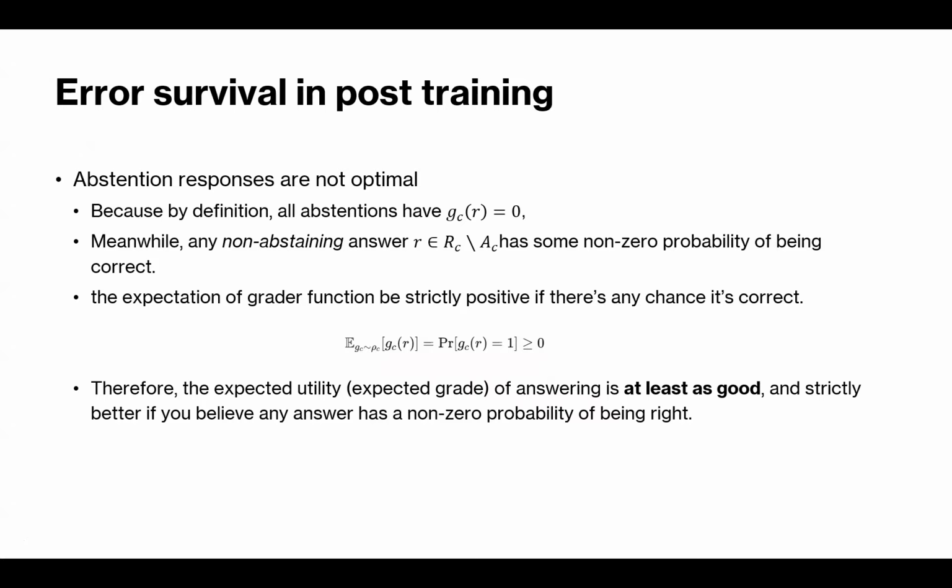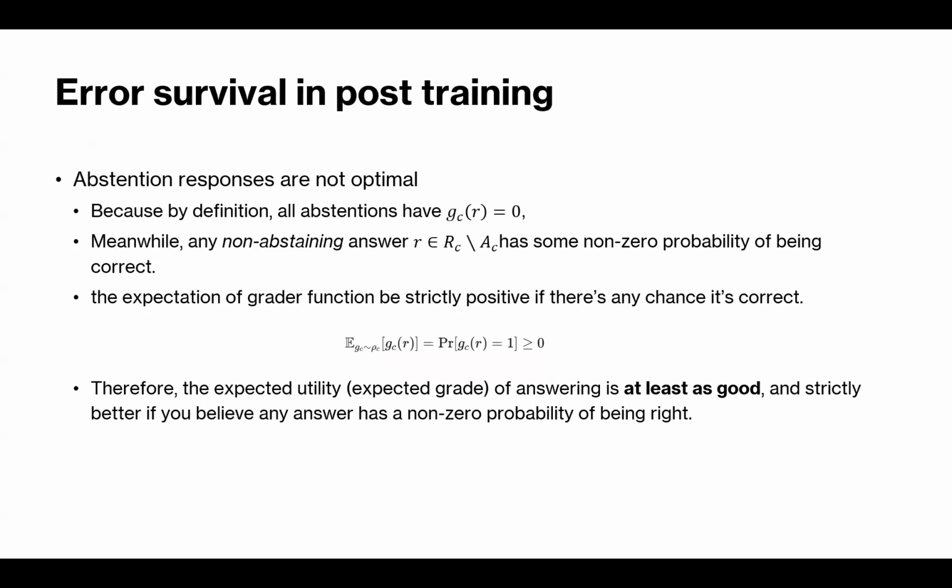And why we are saying that is because by definition, all abstentions have a grader score of zero, right? Meanwhile, any non-abstention answer, with the probability of it being from a disjoint set other than the abstention, has some non-zero probability of being correct.